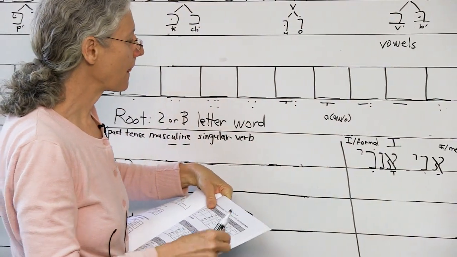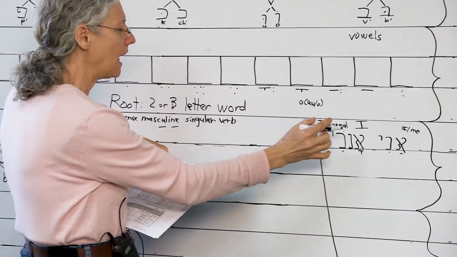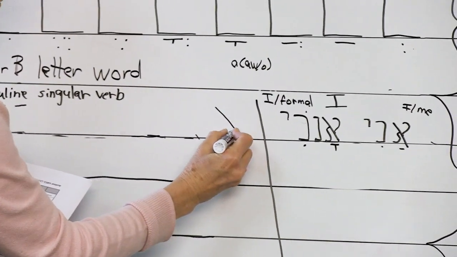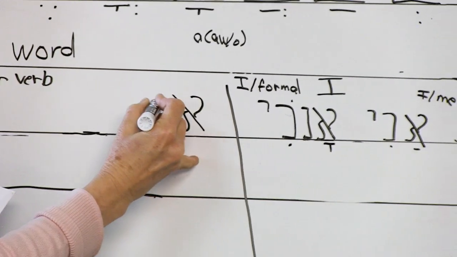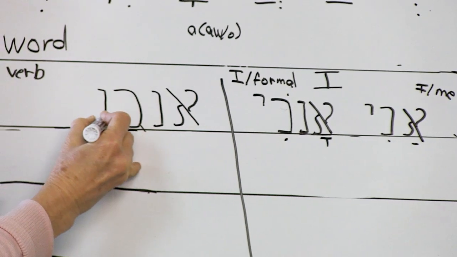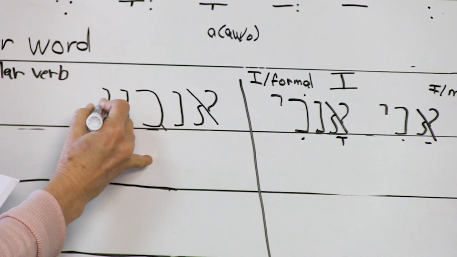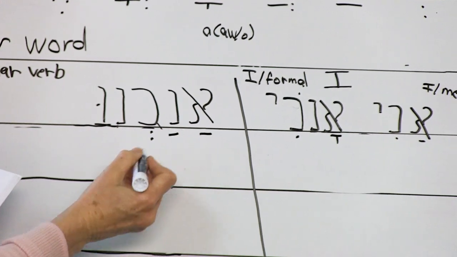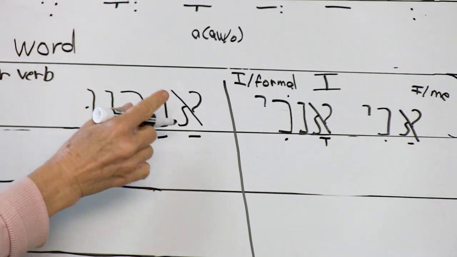Okay. So, ani and anochi are I, and then anachnu. Anachnu is, what do you think that is?